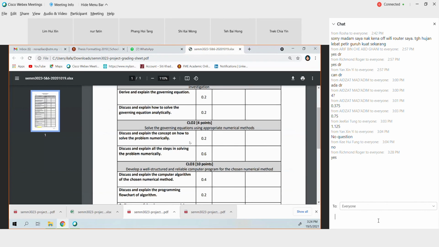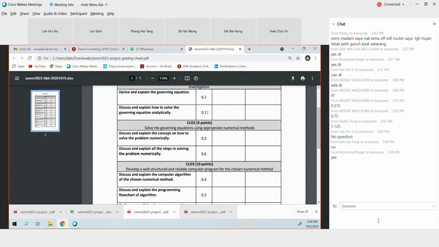Okay, you need to train yourself because by next year, you need to do your undergraduate final project. So you need to start now on how to write a good project report. Discuss and explain all the steps in solving the problem numerically. Step number 1, step number 2, what you need to do.